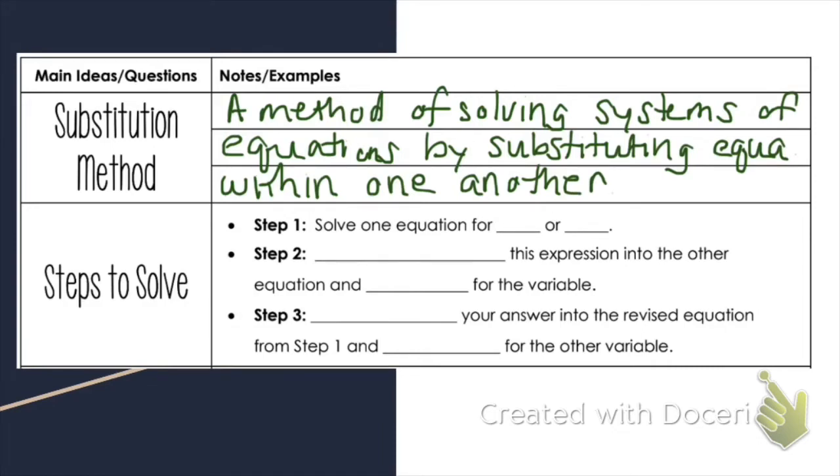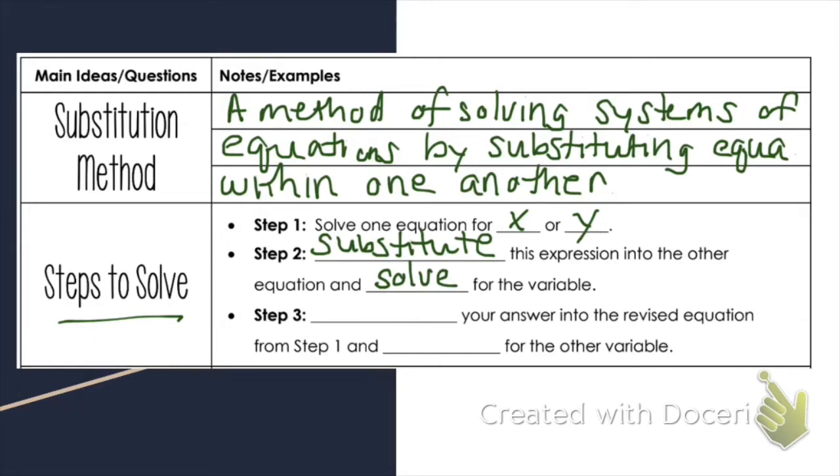All right, so our steps to solve would be: step one, solve one equation for X or Y. Step two would be to substitute this expression into the other equation and solve for the variable.